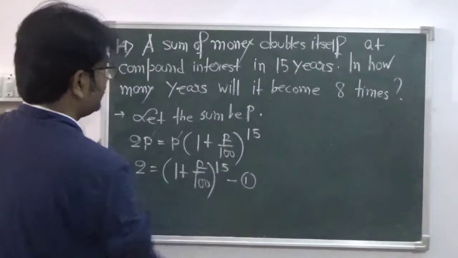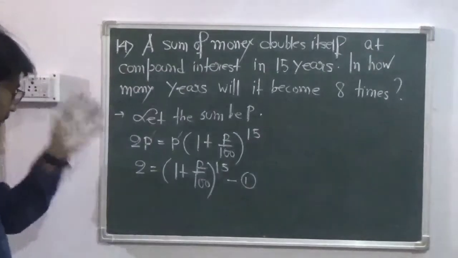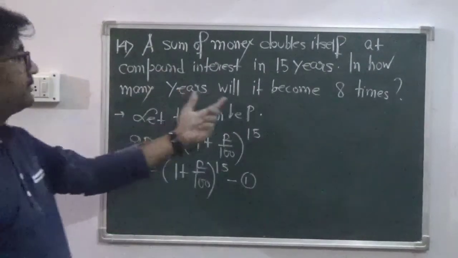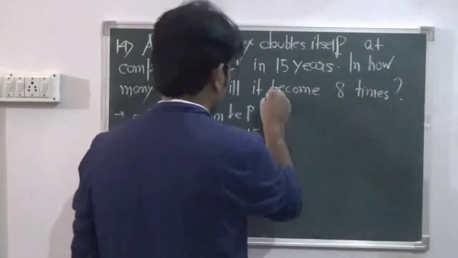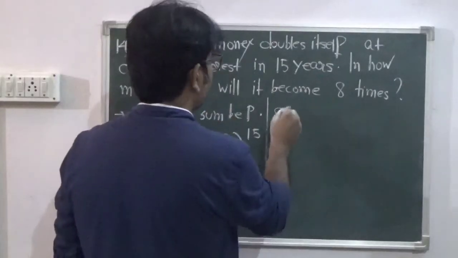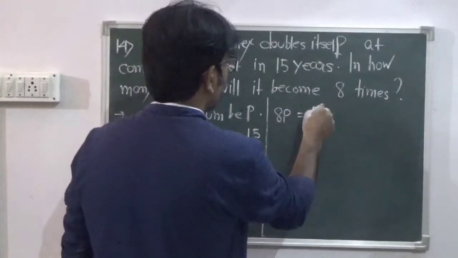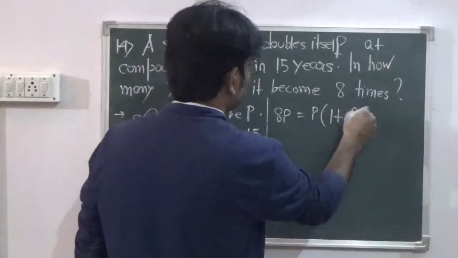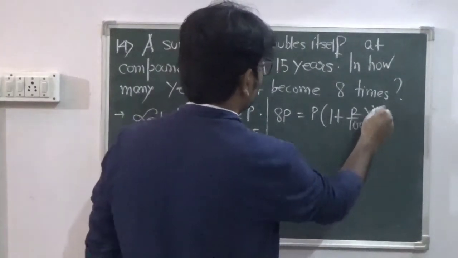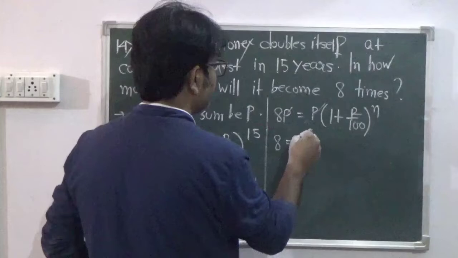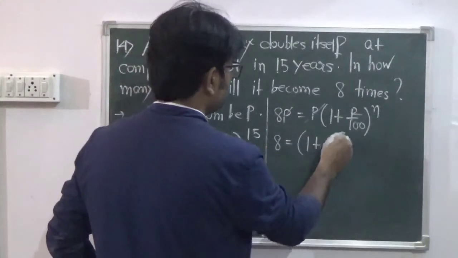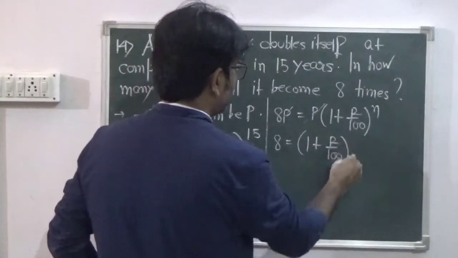Let it be equation 1. Now in how many years will it become 8 times? The amount now becomes 8P. So 8P equals P into (1 plus r by 100) to the power of n. P and P cancel, and we get 8 equals (1 plus r by 100) to the power n.